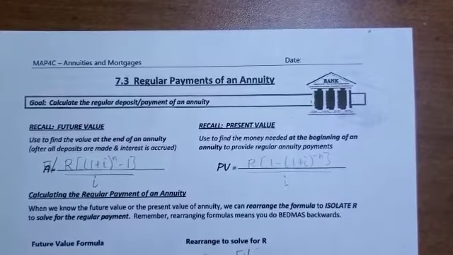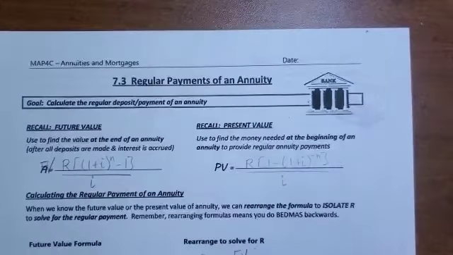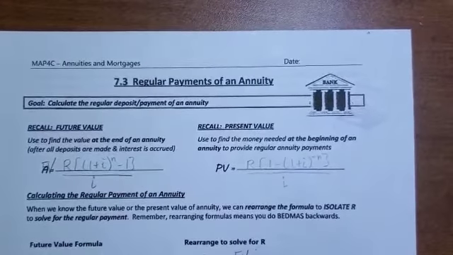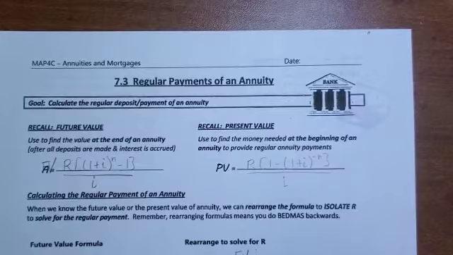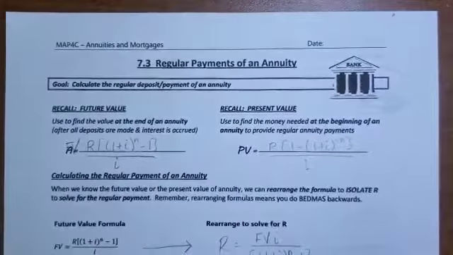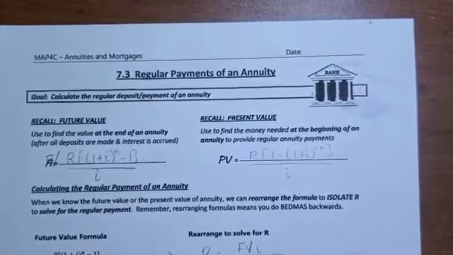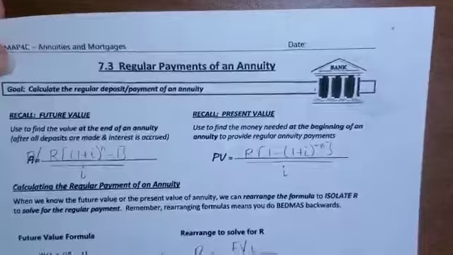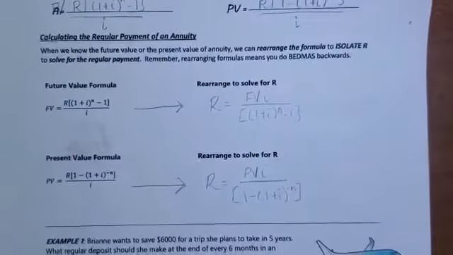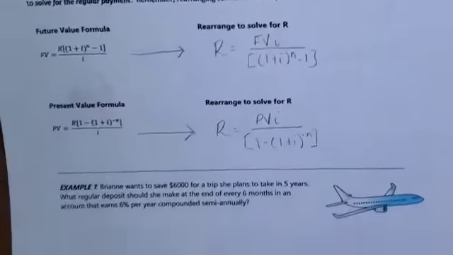Similarly, if we rearrange for our present value regular payment, it's present value times i divided by our above bracket. So these are the two formulas rearranged. Now we can look at example 1.